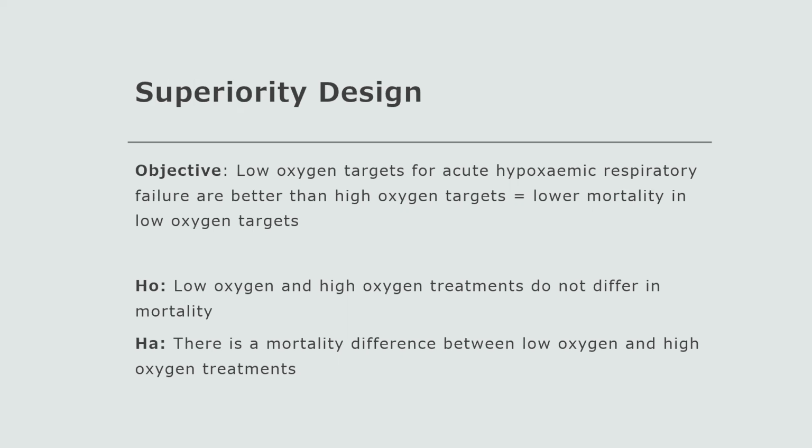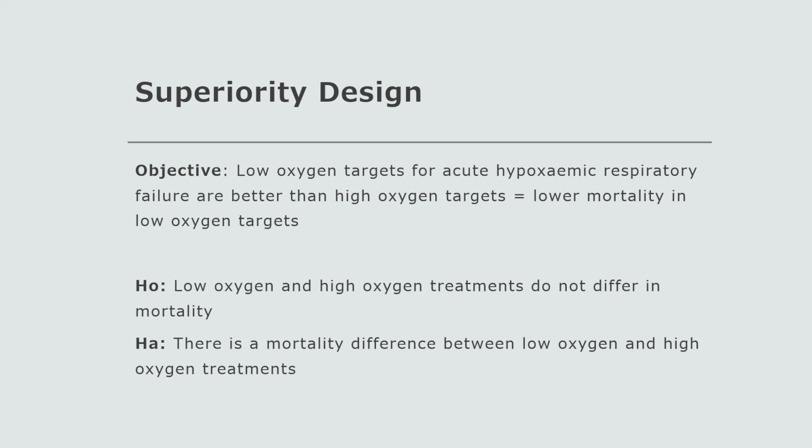So we have this superiority design, and there the objective was that low oxygen targets for acute respiratory failure are better than higher oxygen targets, so we have a lower mortality within the low oxygen target. And we're testing the null hypothesis that the low oxygen and high oxygen treatments do not differ. And the alternative is that there is a difference between low and high.